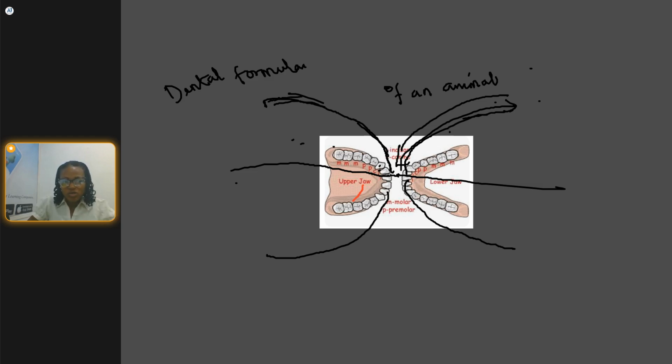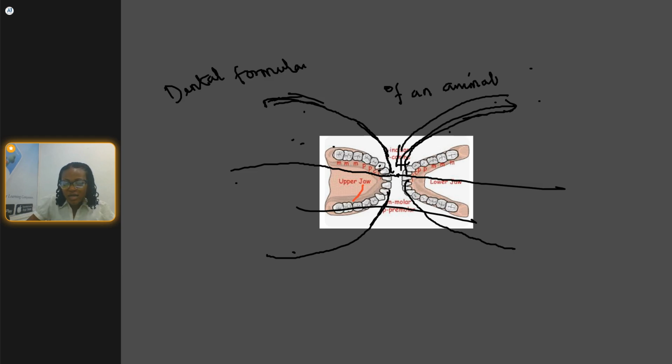Since we have the same set of teeth on both sides, we just concentrate on half of the jaws.